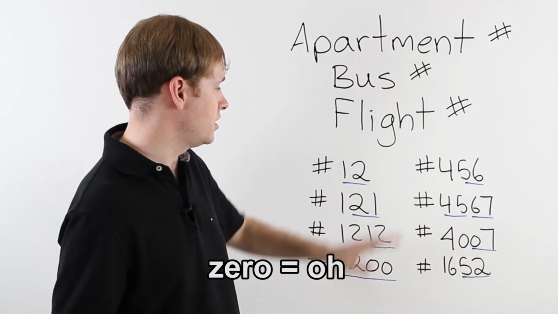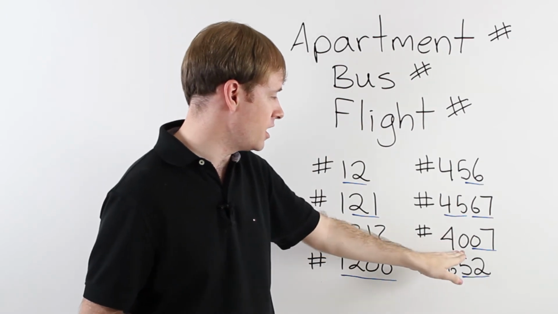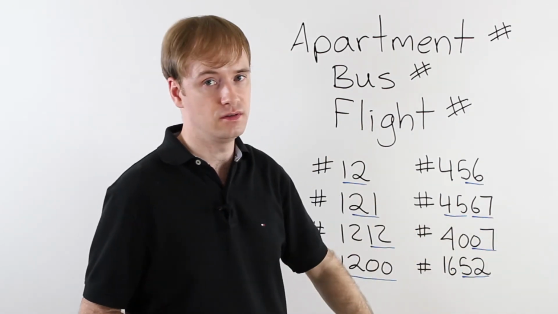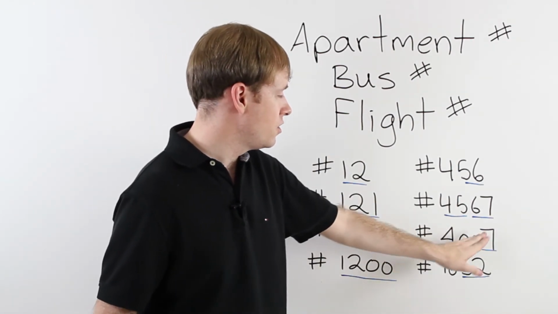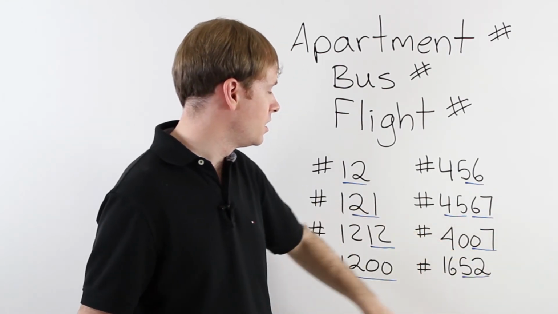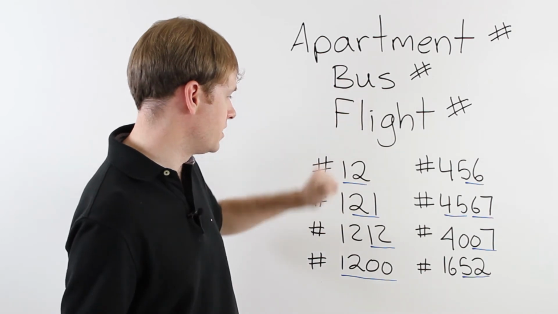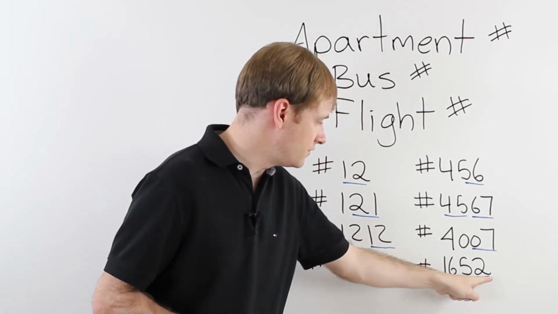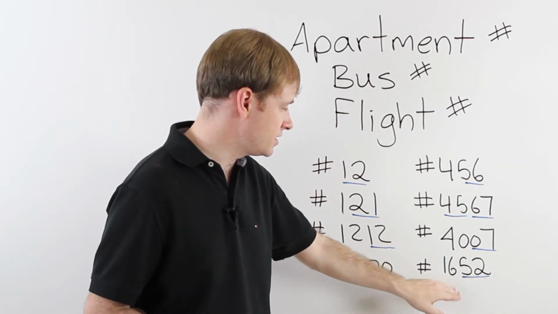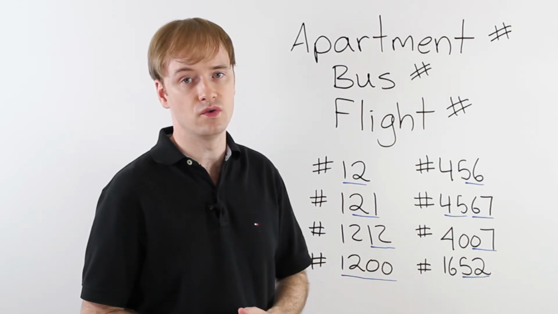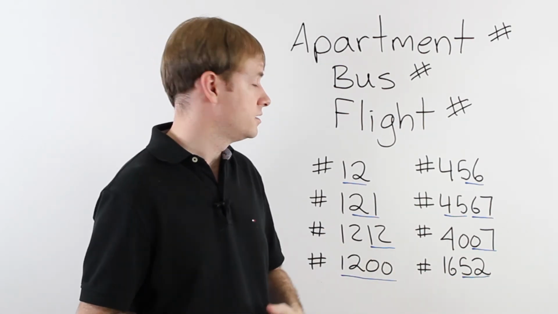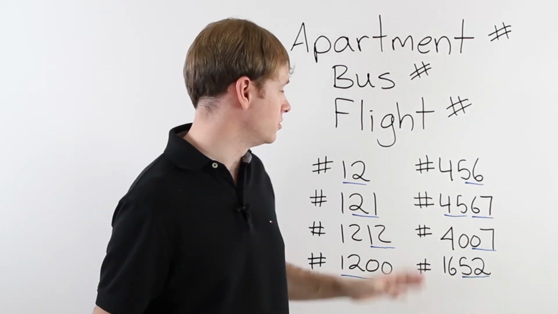So if I said apartment number 40-07, 40-07. Okay, and the last number, let's say bus number 52, bus number 16-52. Okay, takes a lot of practice to learn how to express these numbers.